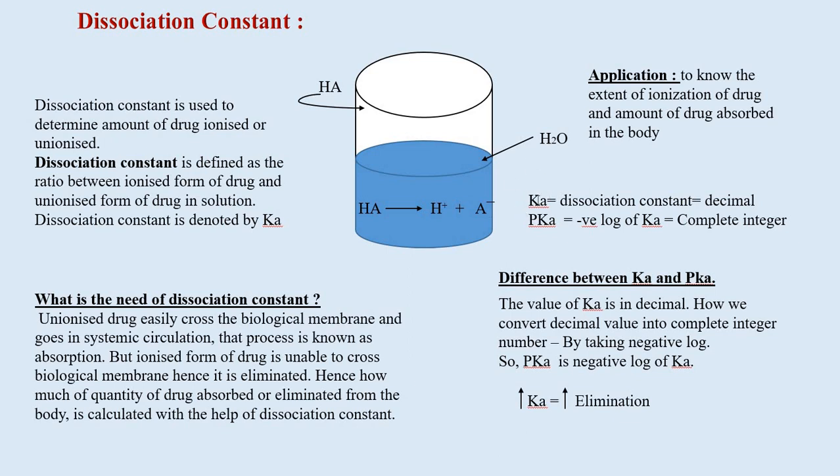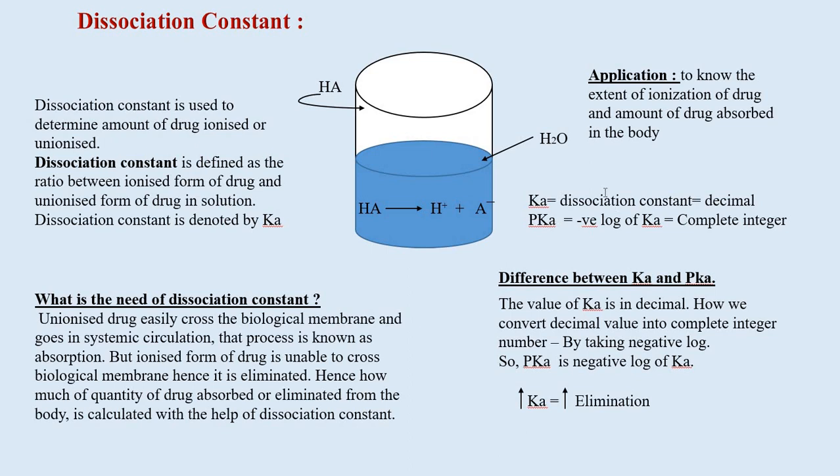Here, Ka is nothing but the dissociation constant. Now you see it is a ratio, so that value is a decimal, a fraction value. And pKa is nothing but the negative log of Ka.